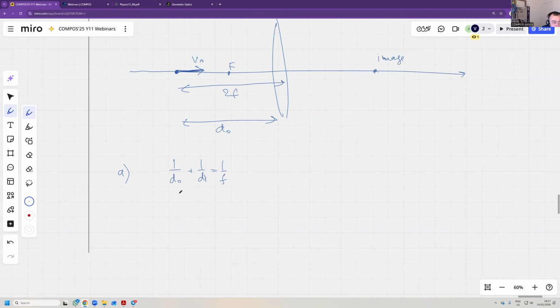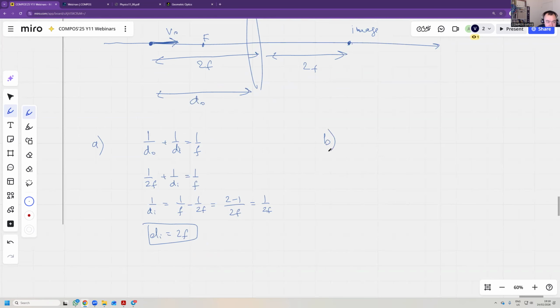We know that DO is 2F, so 1 over 2F plus 1 over DI equals 1 over F. So 1 over DI is 1 over F minus 1 over 2F, which is 2 minus 1 over 2F, which is 1 over 2F. That means DI is 2F. The image is exactly the same distance away, 2F.